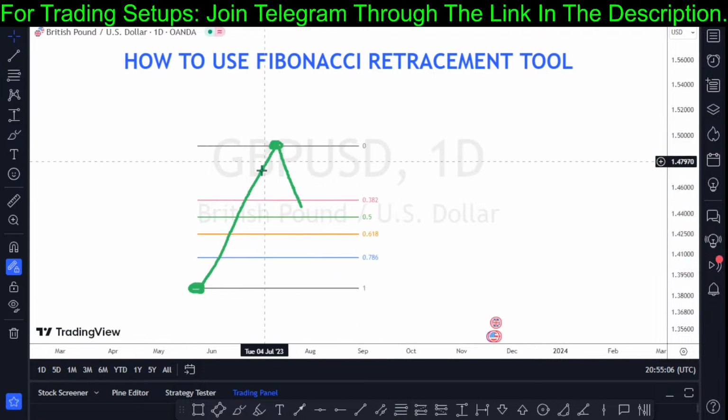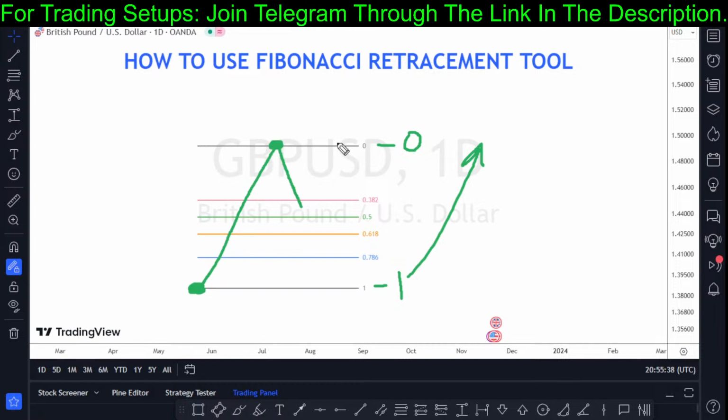So this is how you apply your Fibonacci. Which means if you are going in an uptrend direction, your Fibonacci retracement tool has to start from the retracement level of 1 and it has to end at the retracement level of 0. That means from 1 to 0, right? So this is how you apply your Fibonacci in an uptrend.